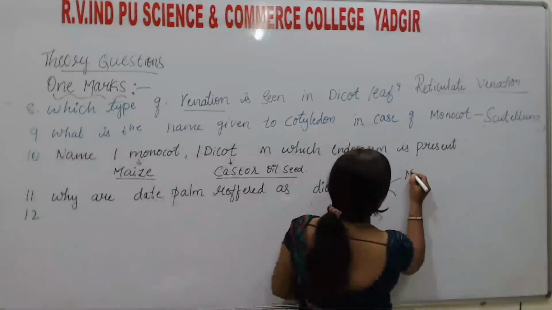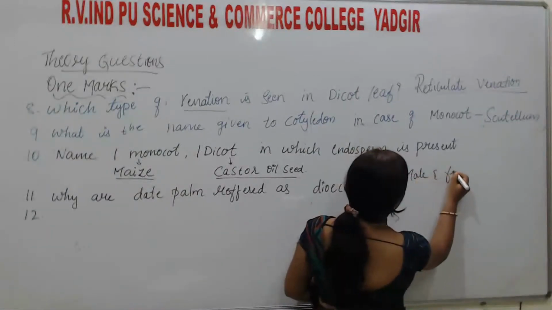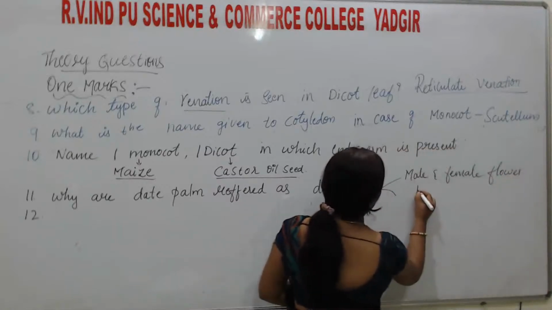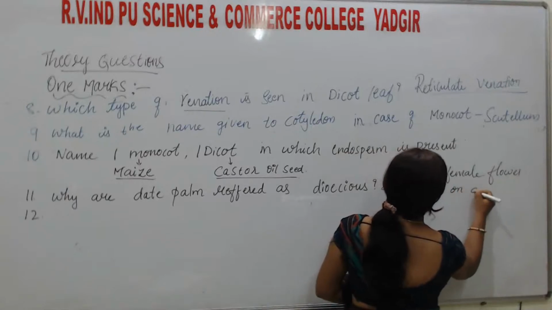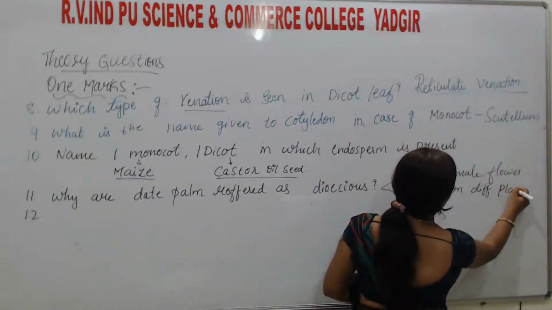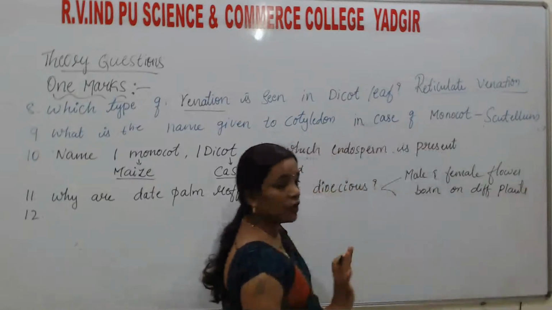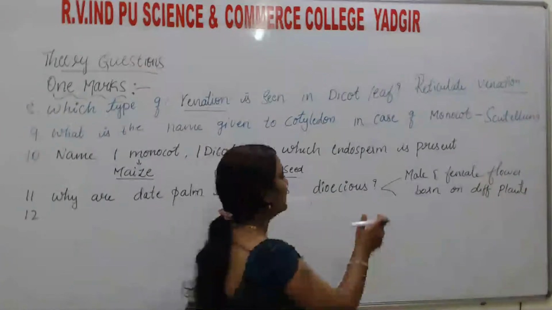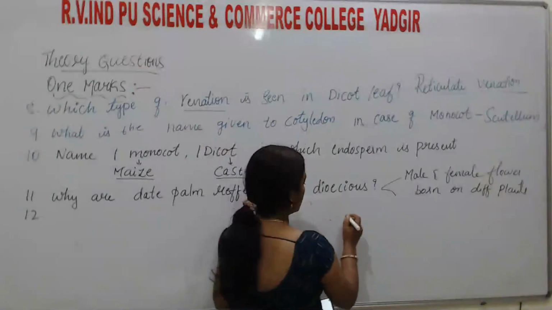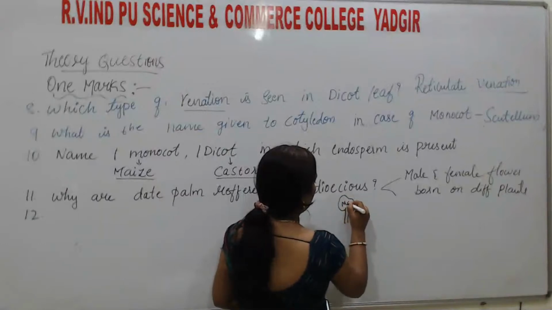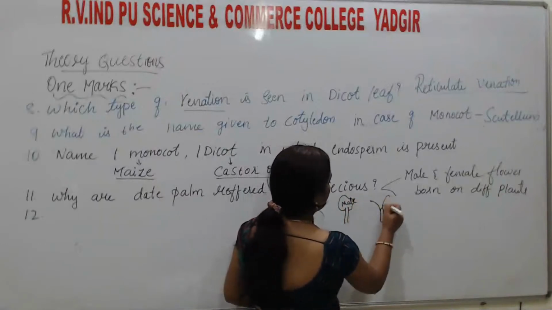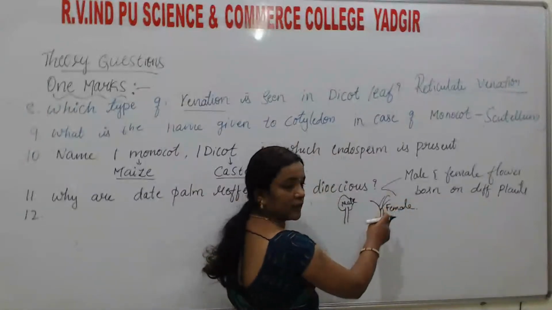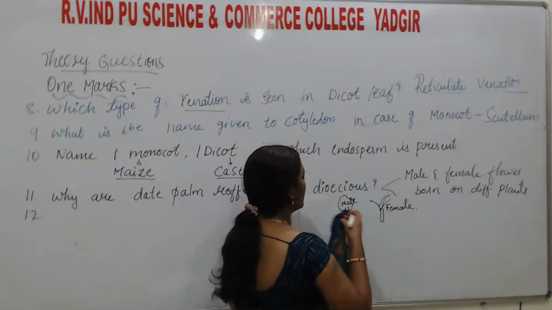So the answer: male and female flowers are borne on different plants, meaning they are not bisexual. One plant has male flowers, another plant has female flowers.